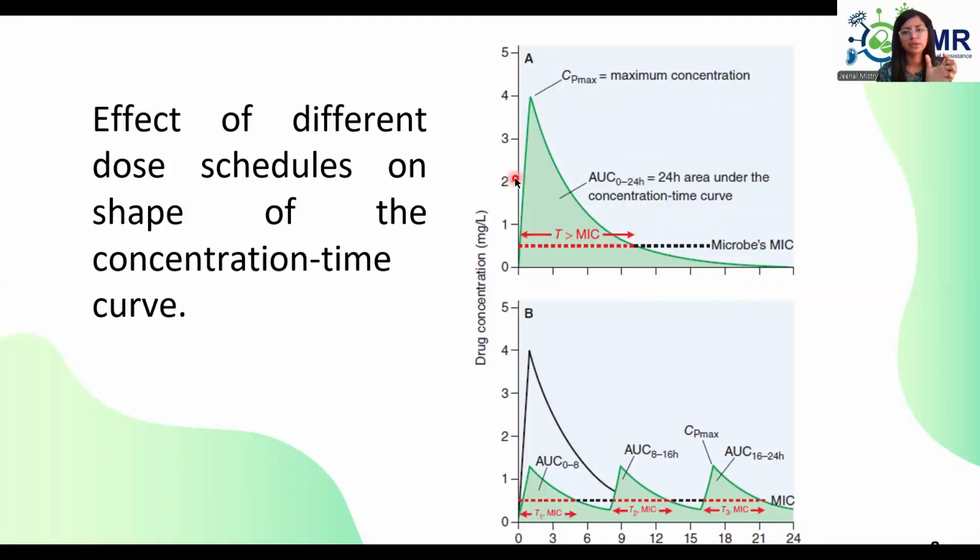Consider an antibiotic with a serum half-life of 3 hours that is being used to treat a bloodstream infection by a pathogen with a minimum inhibitory concentration of 0.5 milligram per liter.